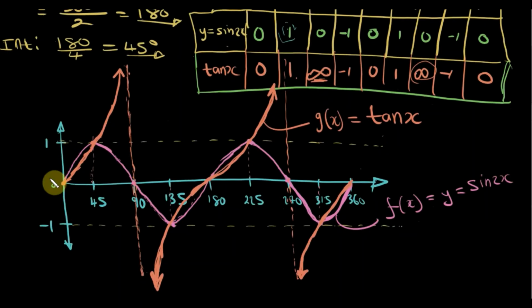Sine 2x intersects the x-axis at 0, 0. That's where it starts, and then at 90, 0, and 180, 0, 270, 0, 360, 0.